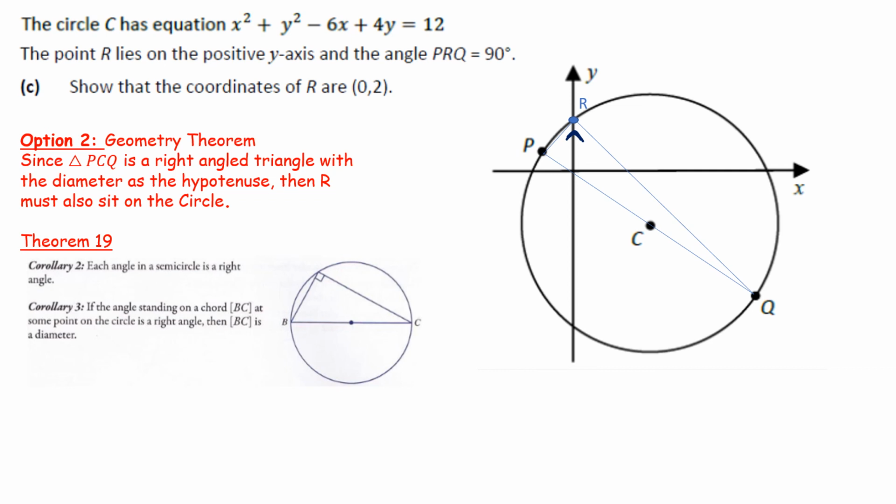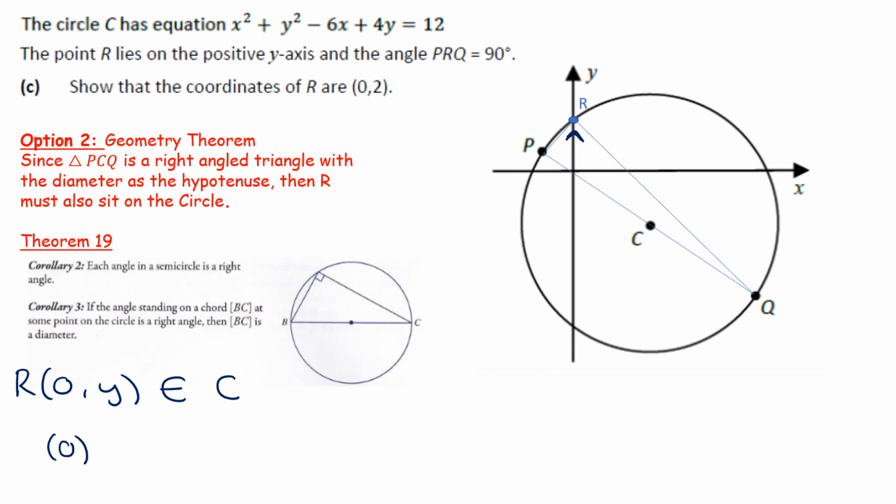So I'm going to use the fact that R is on the circle, and I'm going to take the equation, and I know again that R is this point (0, y), and I know that this is on C. So I'm going to sub it in. Instead of my x, I'm putting in 0, and instead of y, I'm leaving it as y.